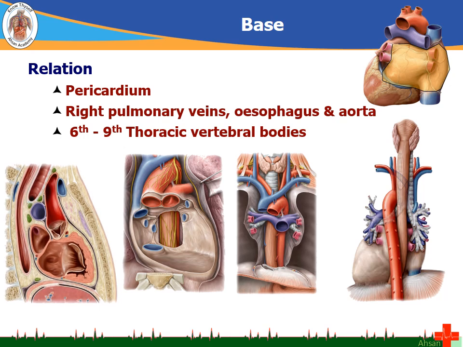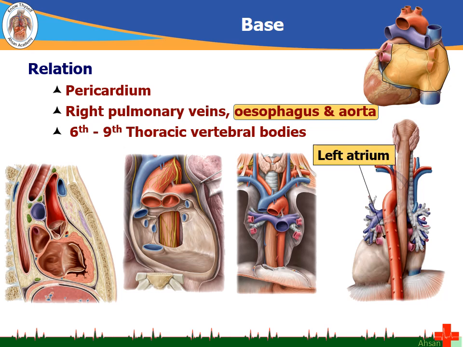Behind this area lie the 6 to 9 thoracic vertebrae that we have already mentioned, and of these the esophagus and aorta are very important clinically, because of atrial enlargement, especially as you see the base is formed by the left atrium, so enlargement of the left atrium traces the esophagus.